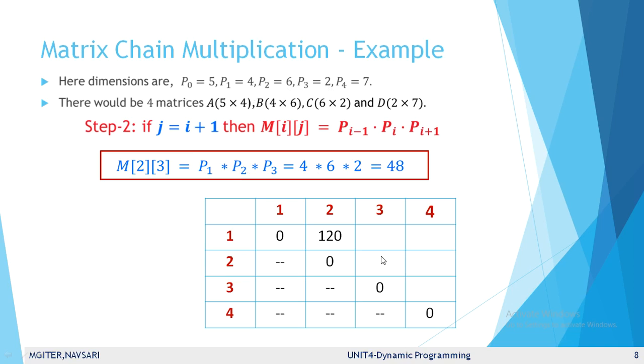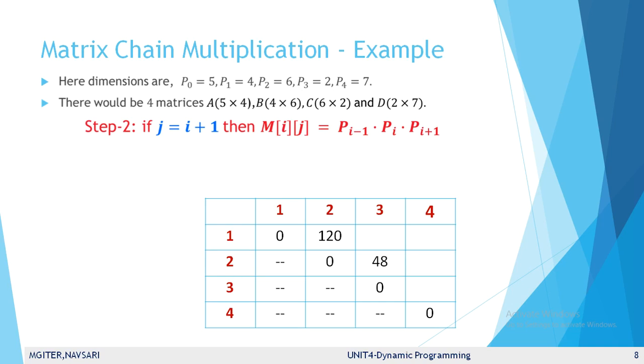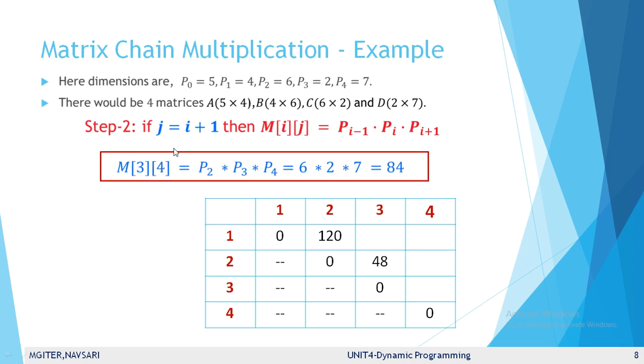So the multiplication cost is 48. Now similarly for M of 3 4, here i is equal to 3 and j is equal to i plus 1, 3 plus 1 is equal to 4. So M of 3 4 is equal to P2 into P3 into P4, which is 6 into 2 into 7. So the multiplication cost is 84.